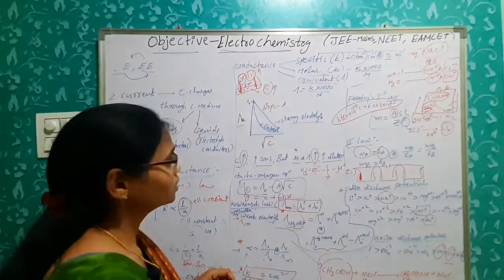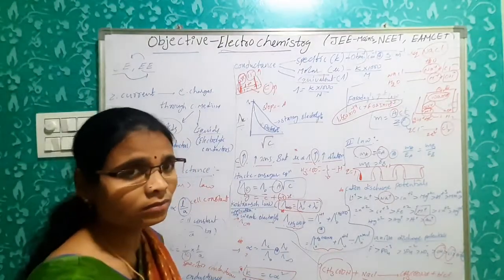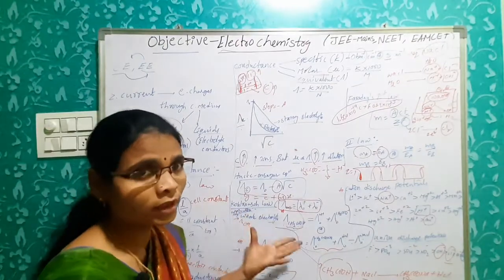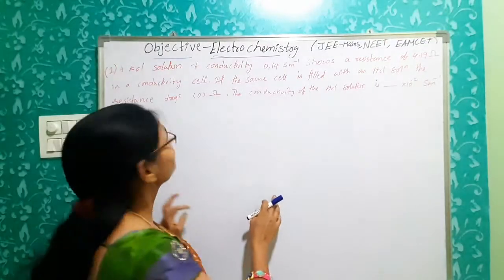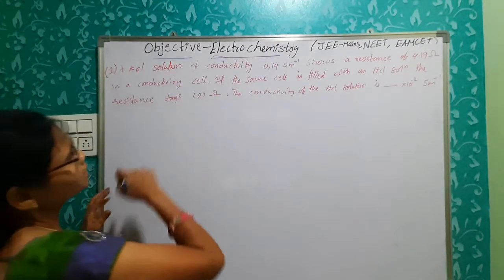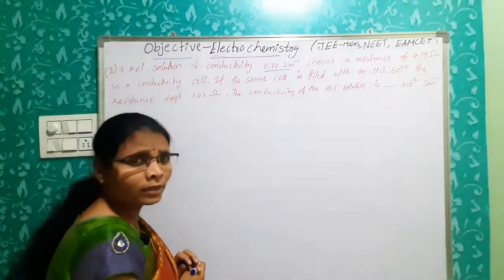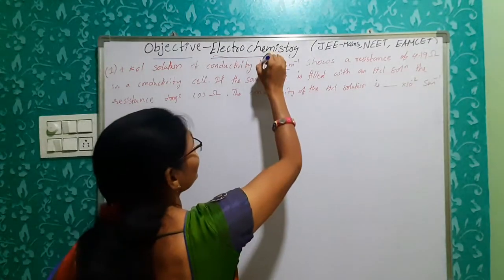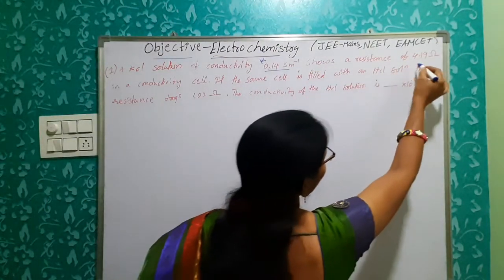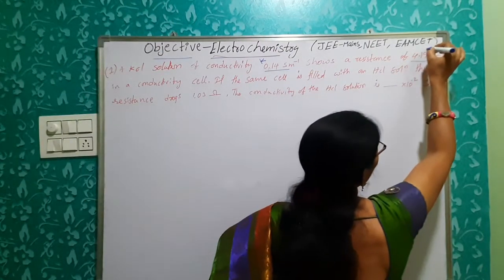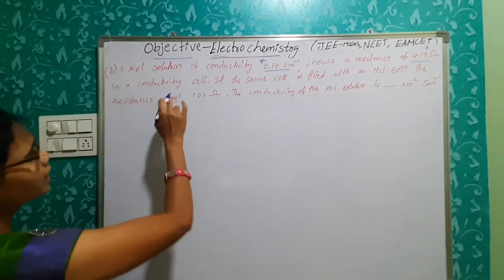Let's do some objective bits from these formulas, then go for the remaining topic. See here, first problem. A KCl solution of conductivity 0.14 Siemens per meter shows resistance R of 4.19 ohms in a conductivity cell.